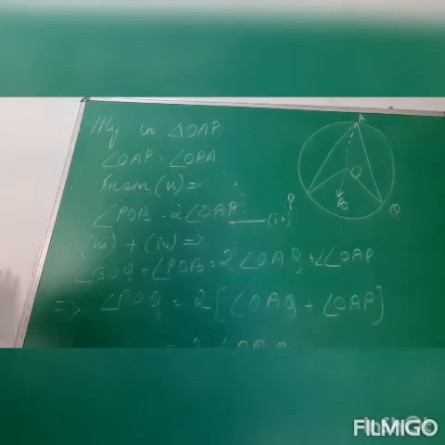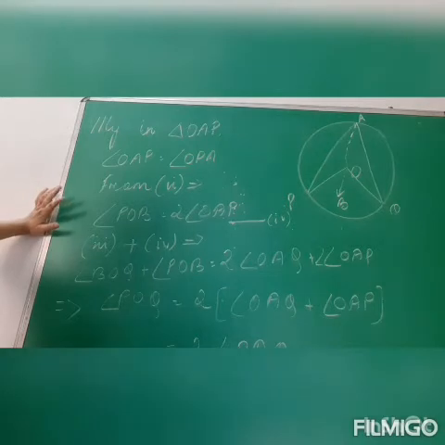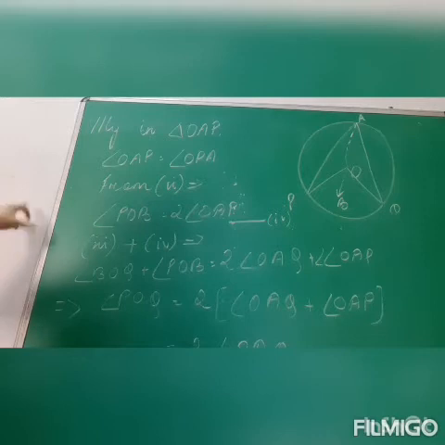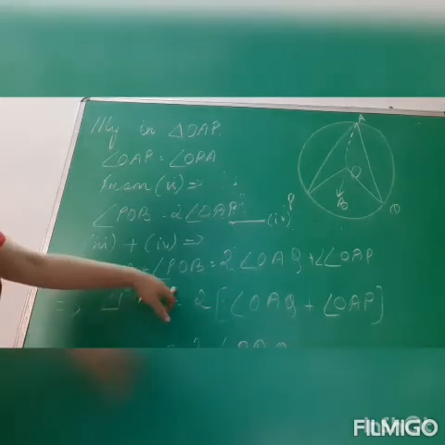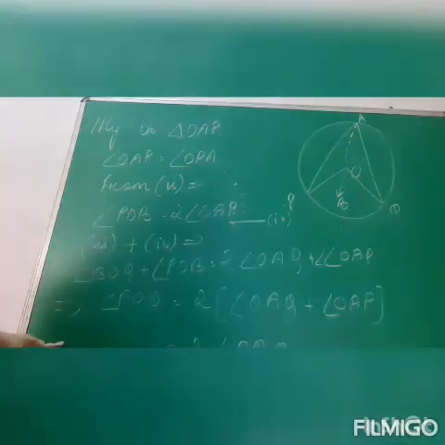Similarly, from triangle OAP, we can write angle OAP is equal to angle OPA. Therefore, from equation 2, angle POB will be equal to twice angle OAP. Give this as equation number 4. Now, if I add the third and the fourth equations, I get angle BOQ plus angle POB is equal to twice angle OAQ plus twice angle OAP.